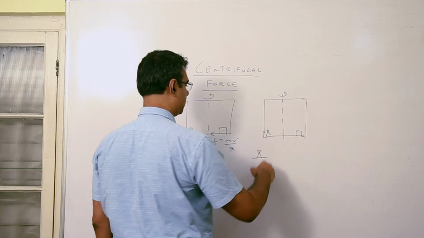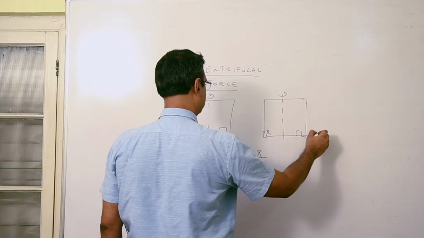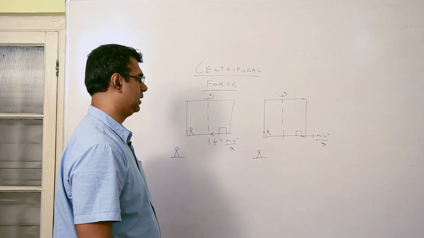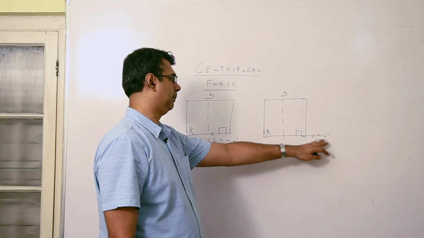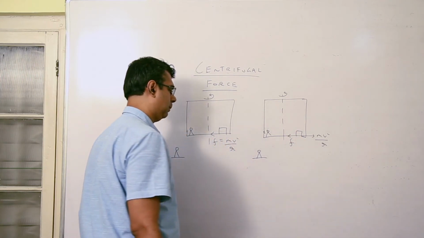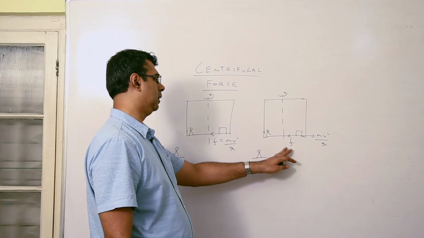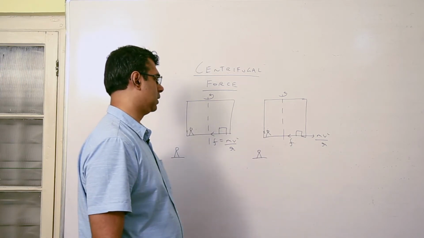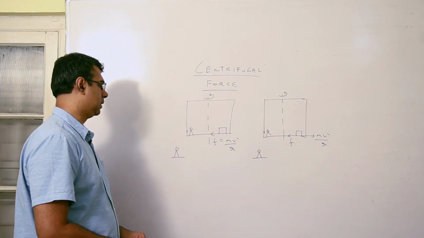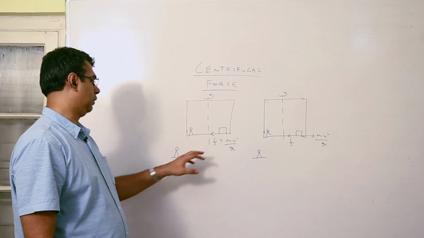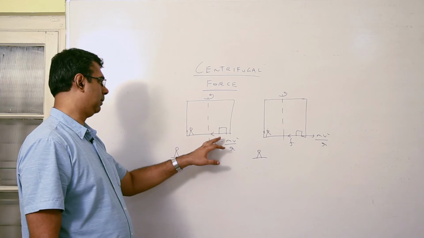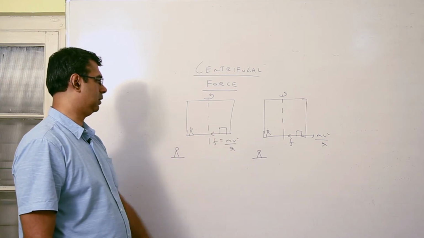So since this person's frame is non-inertial, you will have to apply a pseudo force which is equal and opposite to the centripetal force, that is mv square by r, and friction between the box and the floor will act towards the center, and due to these two forces being equal and opposite, the box will be in equilibrium. So when you discuss this box from the point of view of the person on the ground, we describe this box by saying friction equal to mv square by r.